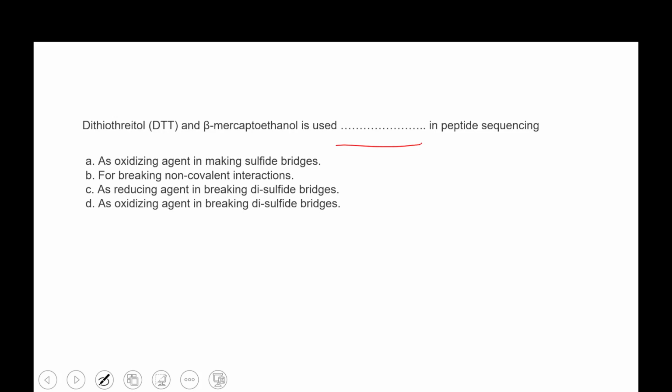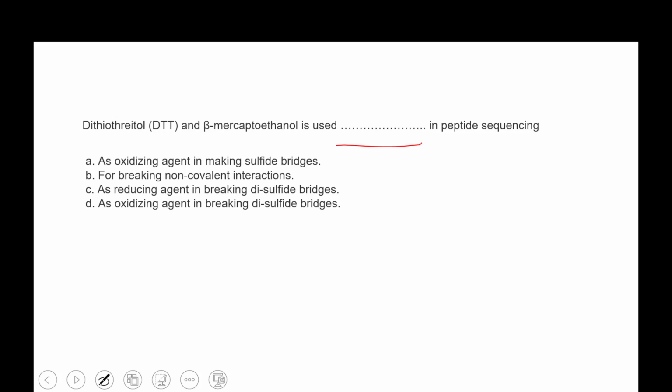Suppose you have a protein structure or a protein. Reducing agent, yes, these are reducing agents, and which bond will they break? Disulfide.